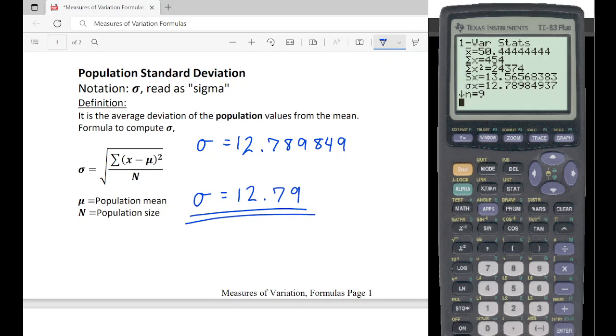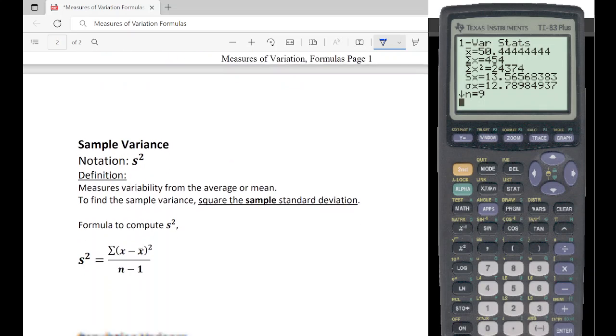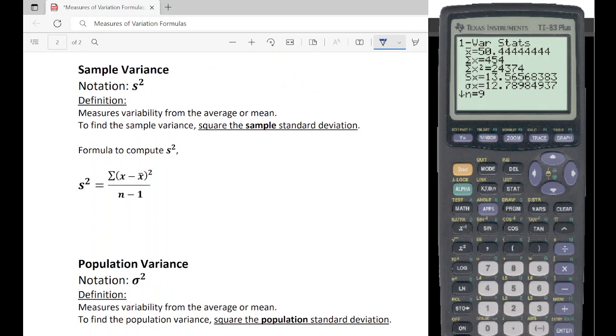Next, we have the sample variance. And it's really nice because it's even less work. All we have to know is that the sample variance, notated as s squared, just means that it's the square of the sample standard deviation. So take your sample standard deviation and square it. But you need to be careful.